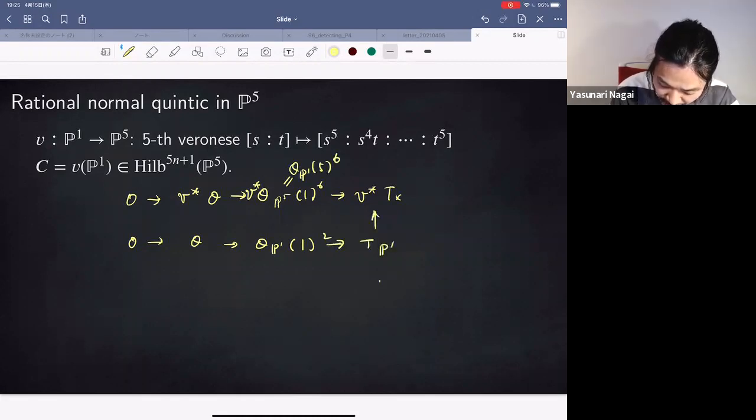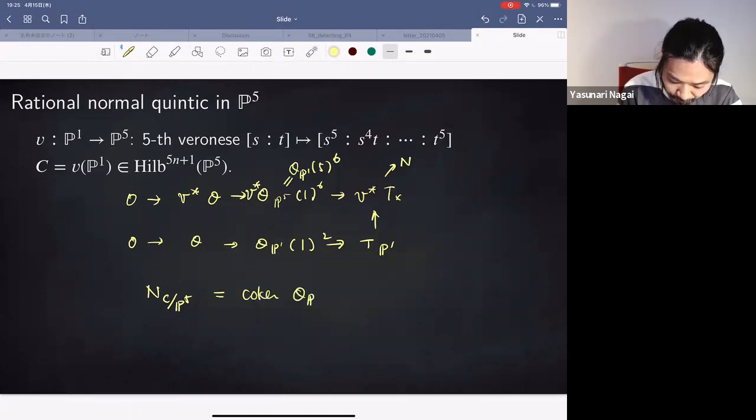So the normal bundle is, sorry, the cokernel there. So the normal bundle of C in P5 is the cokernel of this map.